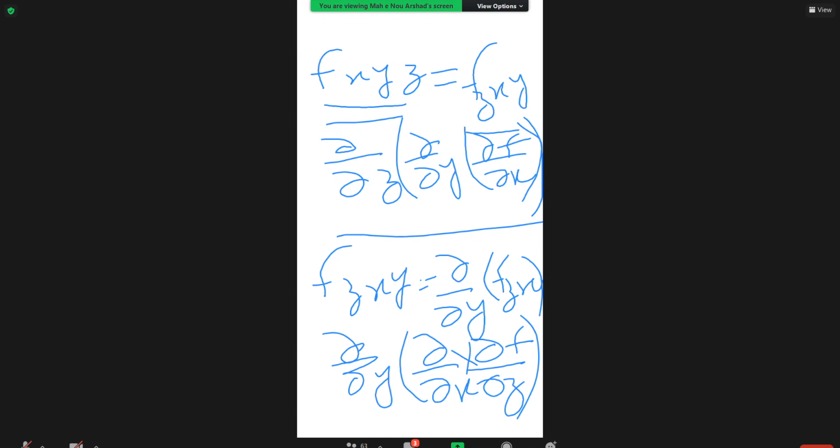Is that clear, students? Now I hope so. You can compute. You can compute f_xyz if you have three independent variables.